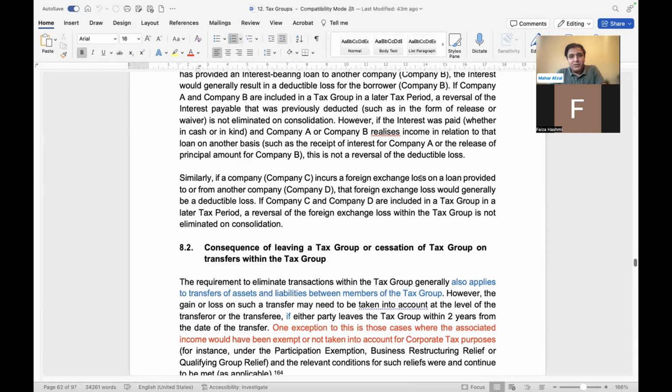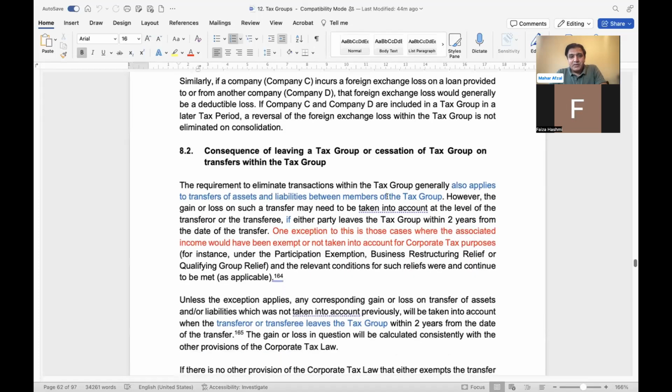The transferor will be liable to pay tax on the transfer, and if the transferor doesn't exist, the group is ceased. If there are only two parties in the group and one party is leaving the tax group, then the group will be liable to submit the final return and will be subject to tax. We discussed this in our previous lecture as well.